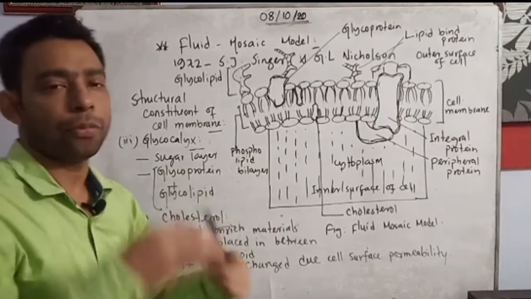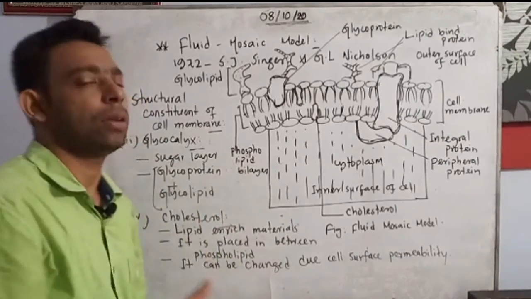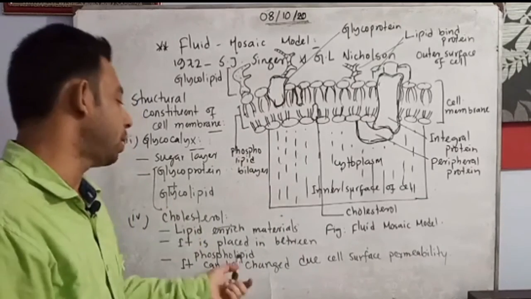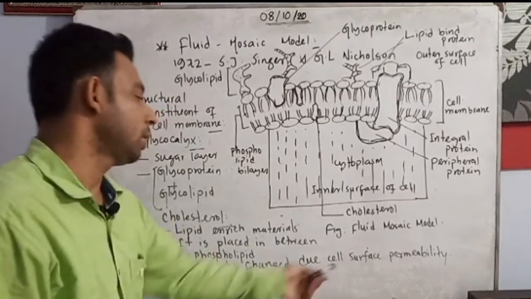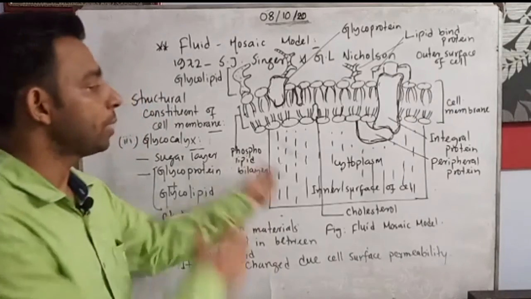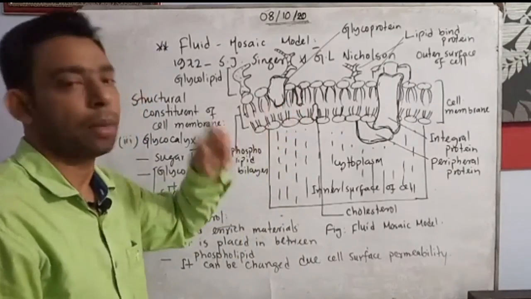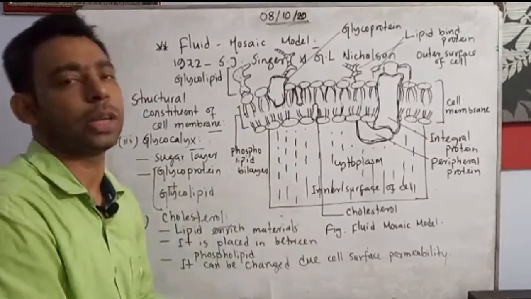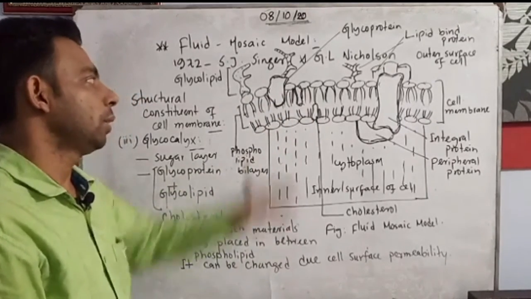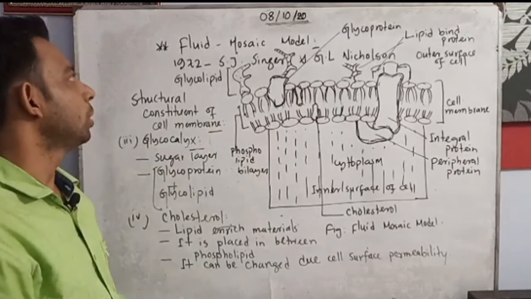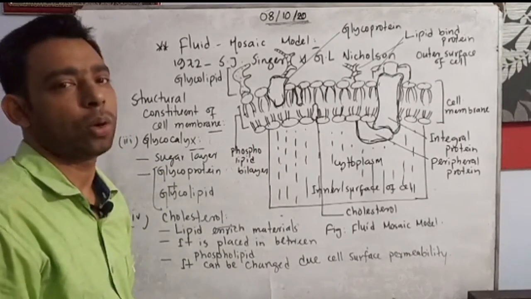The number of cholesterol molecules depends on the cell surface permeability. If the cell surface permeability is more or less, then the position, place and number of the cholesterol will also vary. So this is all about the fluid mosaic model of the cell membrane.